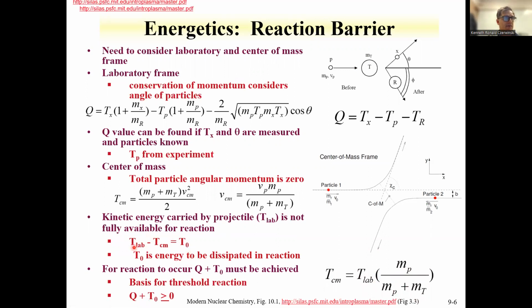So laboratory frame minus the center of mass frame is equal to the total kinetic energy dissipated in the reaction. Because here, the particles don't take away any of the kinetic energy. Here, this has no kinetic energy and after the reaction, it has some. So you're trying to compensate for that.